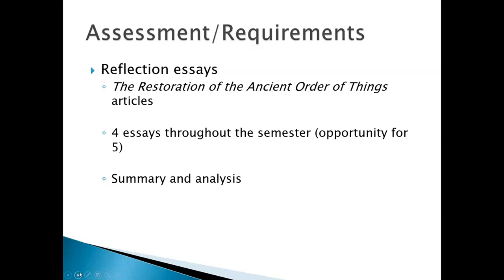Other writing assignments include a series of reflection essays throughout the semester. They are related to the restoration of the ancient order of things articles that I mentioned earlier. Each assignment will have an option of selecting between 2 or 3 different articles. So you have your choice as to which articles you would like to write on. And so it will consist of reading the article.